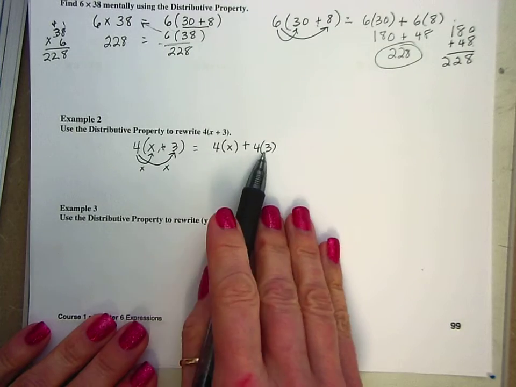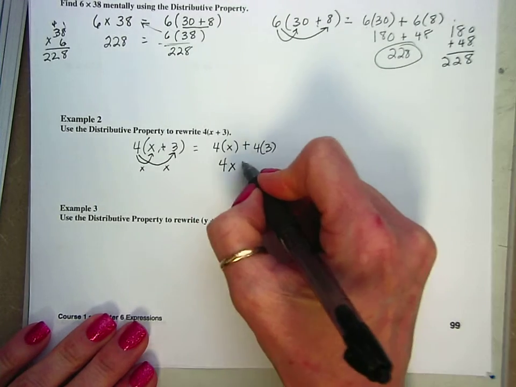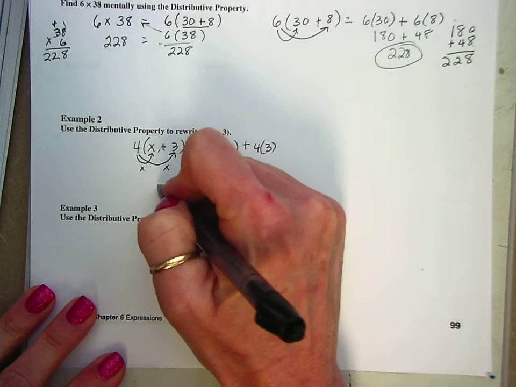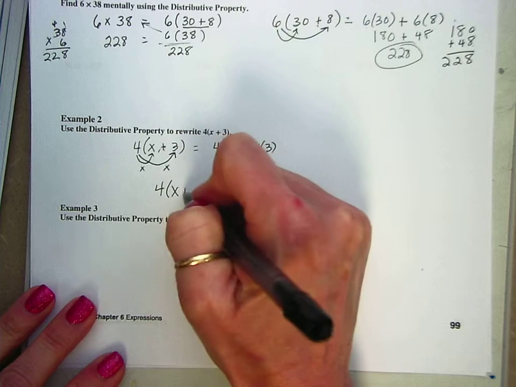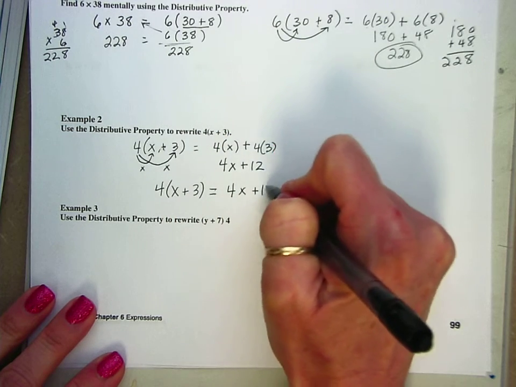And then when you solve this, you would say 4x, that's what that means, 4 times x, plus 12. So 4 times x plus 3 is equivalent to 4x plus 12.